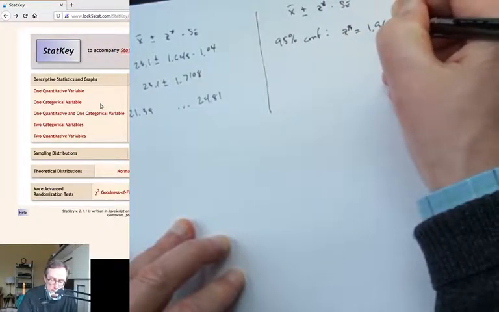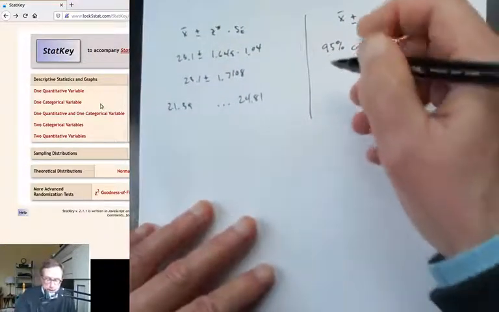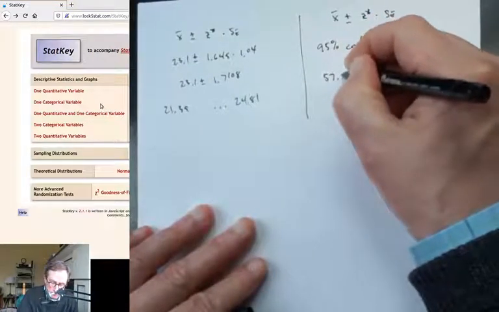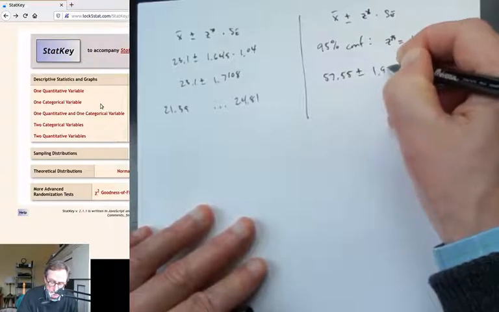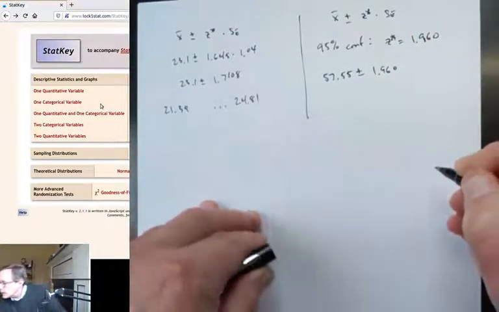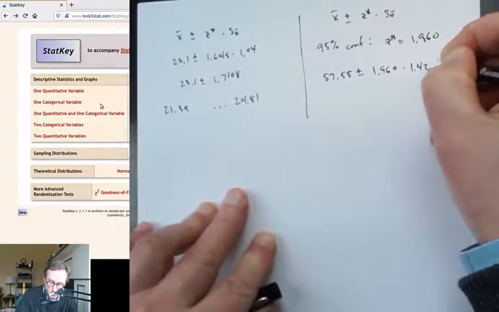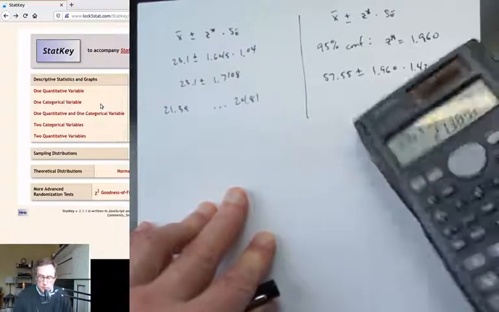In the previous chapter we used 1.960, awfully good for practical use. So we have 57.55 plus and minus 1.960, and they told me the standard error is 1.42. I'll punch that out.